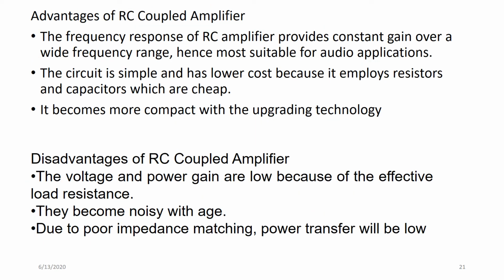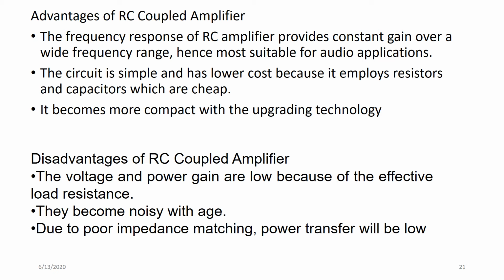So, advantages of RC coupled amplifier. The frequency response of the RC coupled amplifier provides a constant gain over a wide frequency range and it is mostly used for audio applications.